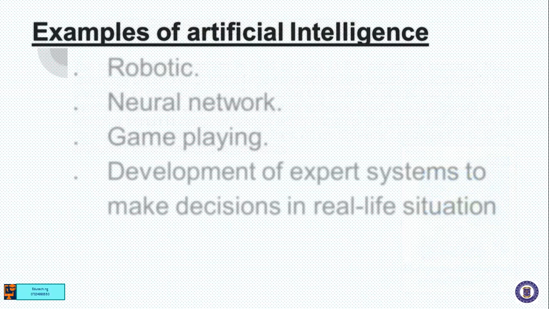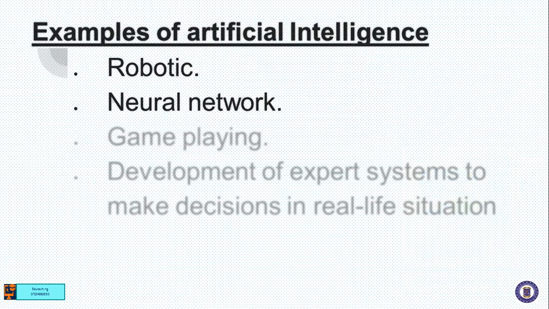Examples of artificial intelligence. One is robot. We just finished discussing robots. Number two, we have neural network. This neural network helps the robot to display the attributes, the characteristics of the human being.